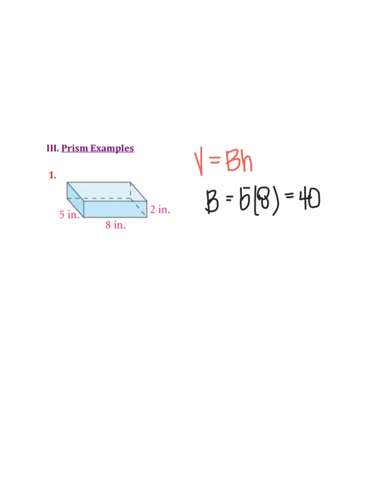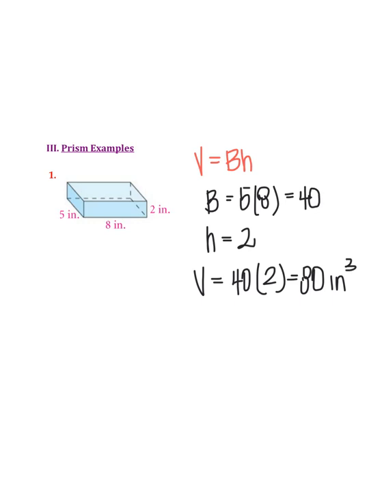And then my height, for this prism, is going to be 2. So that gets me to a total volume of 40 times 2, or 80 inches cubed. So that's going to be my answer for this first one.